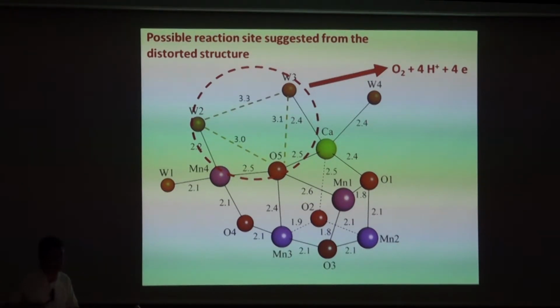W2 is one of the 2 water ligands coordinated to the manganese 4 ion, and W3 is another water ligand to the calcium ion. So both W2 and W3 are within hydrogen bond distance of O5. So this region may form the reaction site for O-O bond formation.